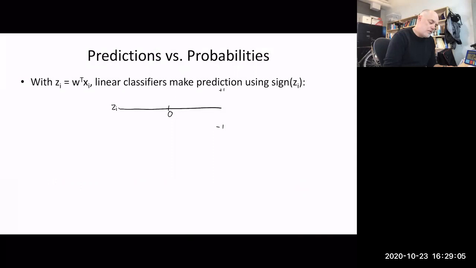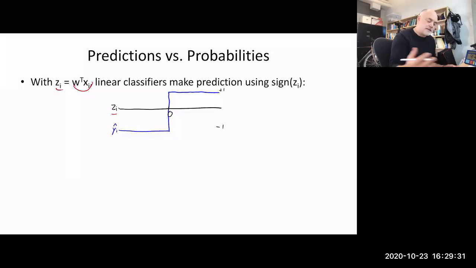So what are we doing? If we just temporarily use zi to indicate w transpose xi, so zi is the value of w transpose xi, and we're going to vary xi effectively, then our prediction, y hat i, is just the sign function.